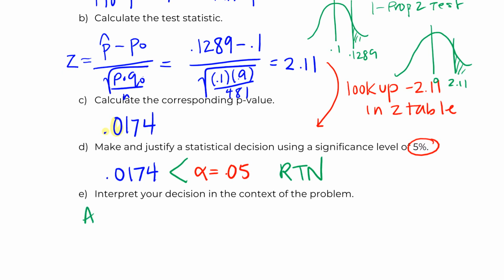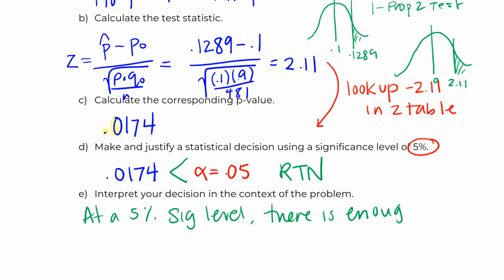at a 5% significance level. There is enough evidence. So remember, all of this is coming straight from part D, so the significance level, and there is enough evidence.